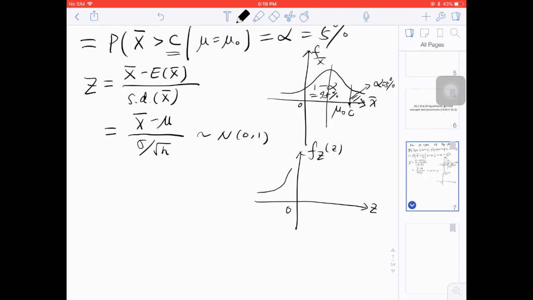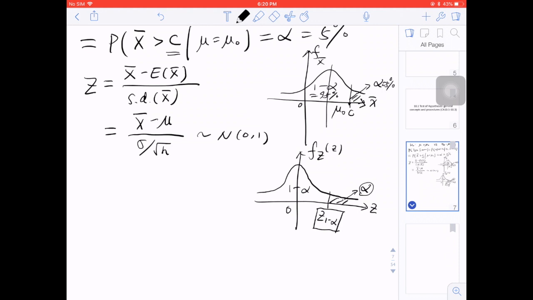Okay, it's symmetric with respect to 0. And we have to find a cutoff value to make this area equal to alpha, and this area equal to 1 minus alpha, right? So we call this cutoff value Z1 minus alpha, right? Okay, so it's pretty easy for us to find this cutoff value given the value of alpha, right?